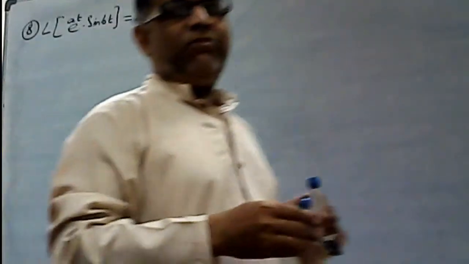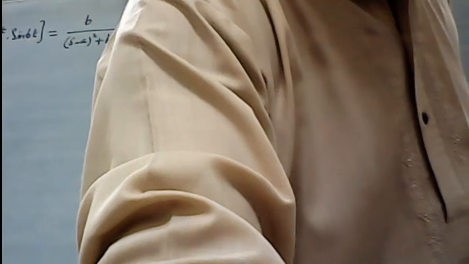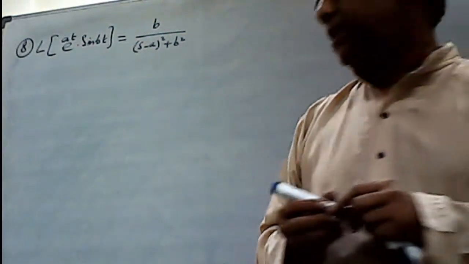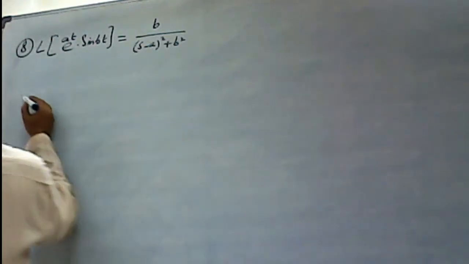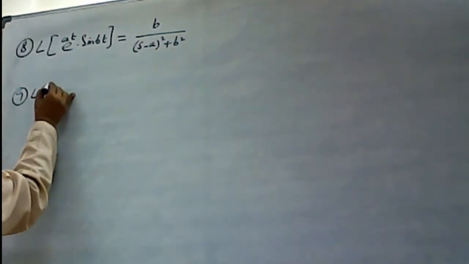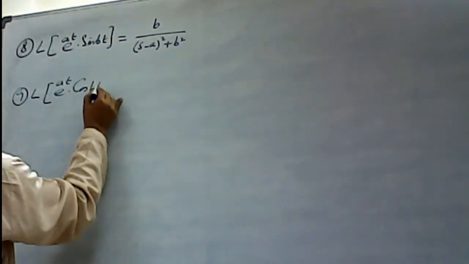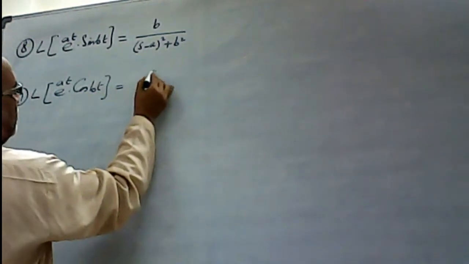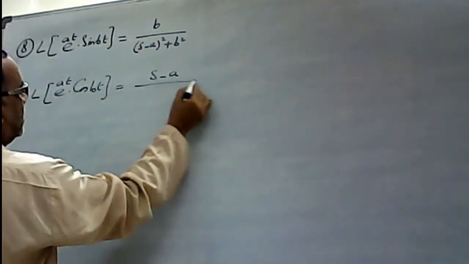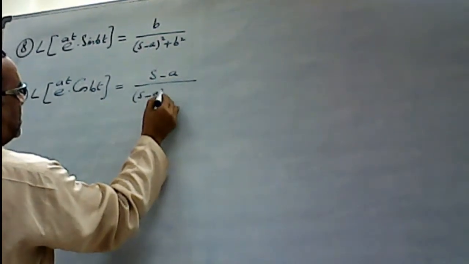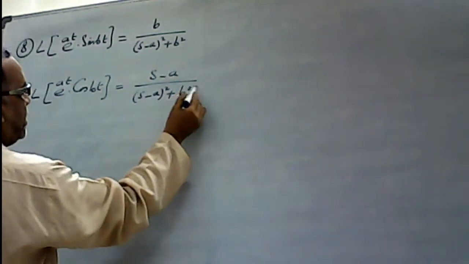In the same way, you will prove that Laplace of e power at into cos bt will always equal s minus a over s minus a square plus b square.